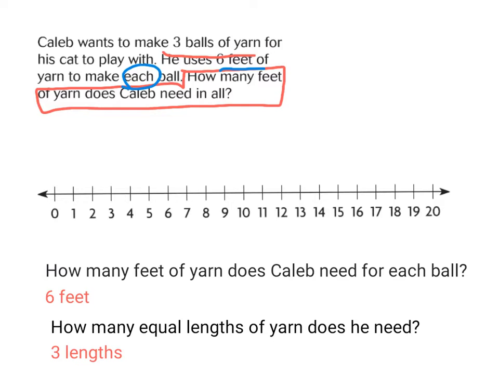First we would begin at 0, and then we would skip count by 6 since each ball has to be 6 feet. Remember, we're going to make the jump 3 times because we know that he wants to make 3 balls of yarn for his cat.